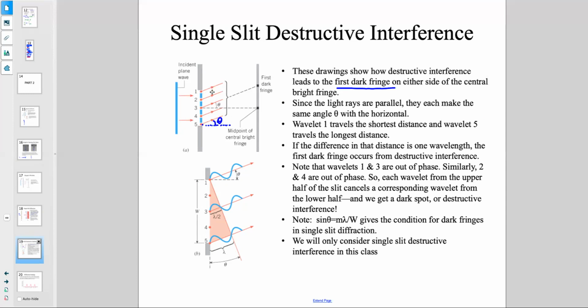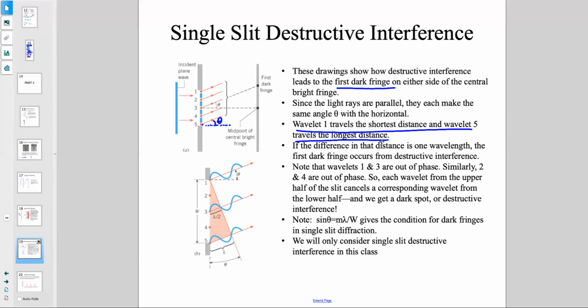Wavelet number 1, which is top right there, has the shortest distance, and wavelet number 5 travels the longest distance, okay? We know that because we're looking at the picture. But here's the crazy part.